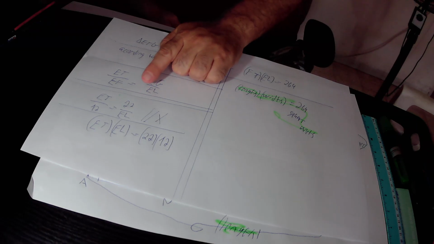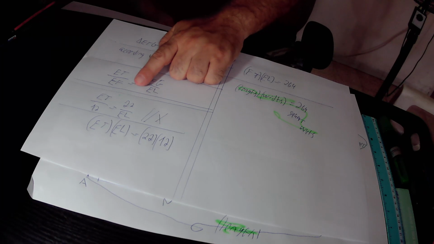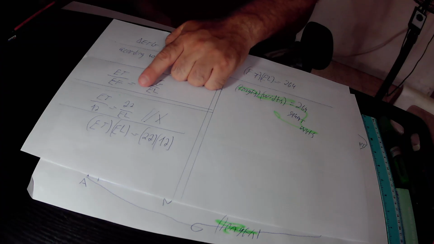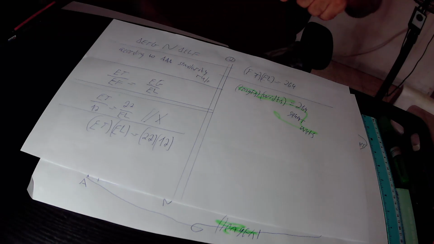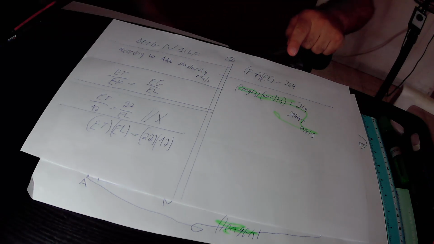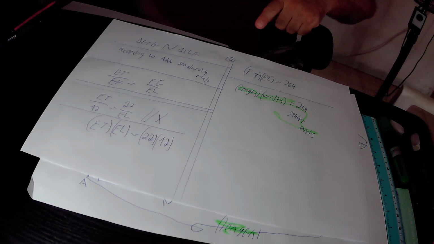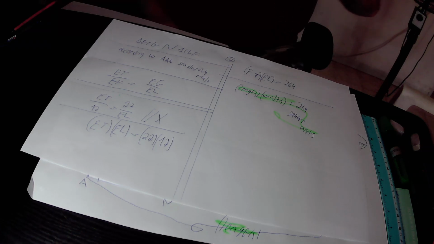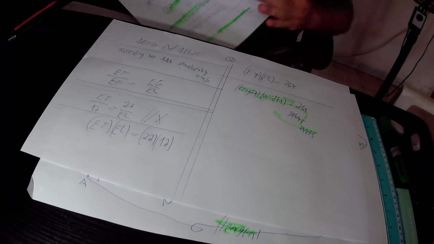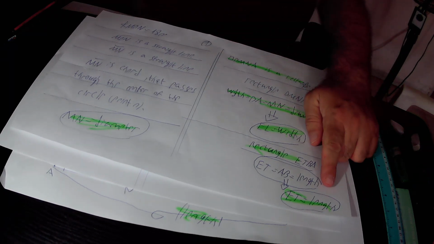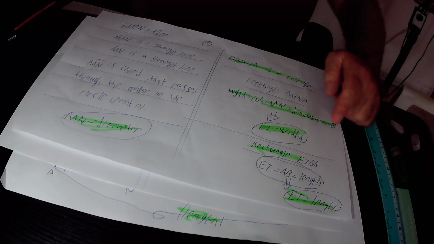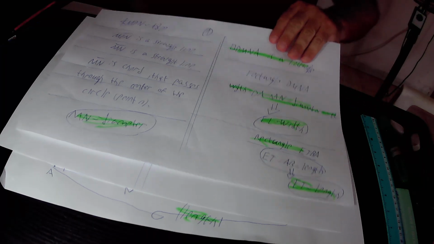Here we cross-multiply this equation and finally find out that ET times EL equals 22 times 12, which is 264. So in total we found out that ET times EL equals 264. ET is the length of the rectangle ABCD and EL is the width.